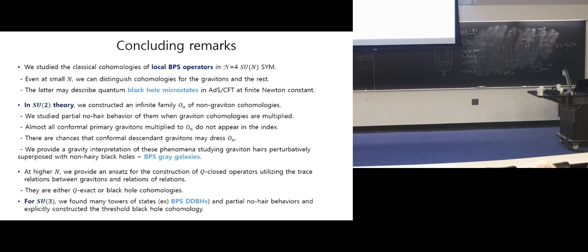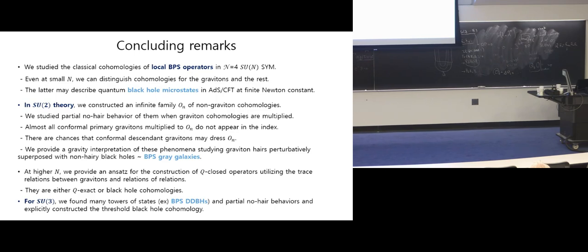And in SU2 theory, we constructed an infinite family of these fortuitous operators, and we studied the hairy behavior of threshold operators, and we see that primary gravitons cannot dress the threshold operator, while the descendant operators can dress the operator. And we provide a gravity interpretation of this phenomenon studying graviton hairs superposed with non-hairy black holes and constructed new supersymmetric hairy black holes, which we call BPS gray galaxies.